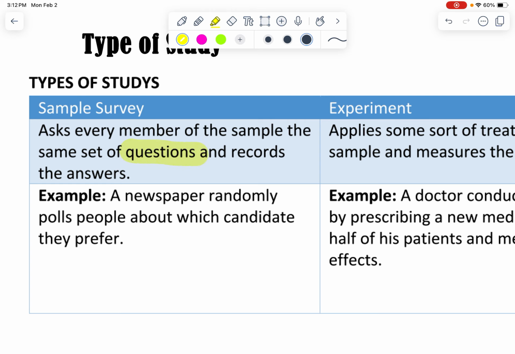So I'm just going to highlight questions. This is important. An example: a newspaper randomly polls people about which candidate they prefer. So with a poll, I'm asking those questions and I'm going to take a certain sample of that.